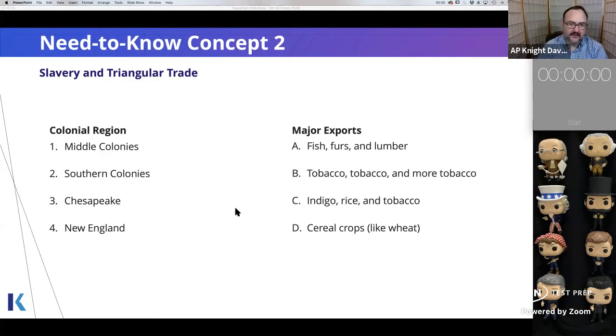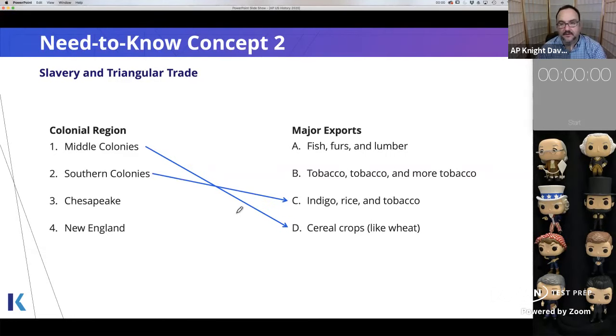Middle colonies, that's going to be stuff like grains, cereal crops, wheat, which are still there. And then the southern colonies, you're going to have a variety of things, because remember, they did say very rich soil, also cotton. That's not listed because it would have been a giveaway. But there also were other crops being raised there.